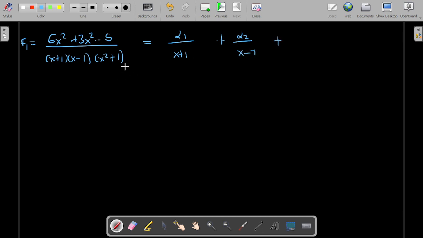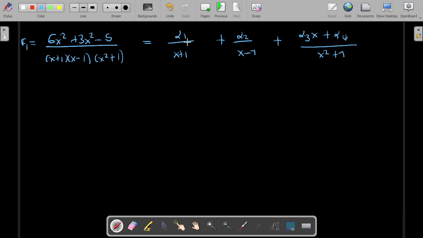Now here we have to be very careful because we have a quadratic expression, x squared plus 1, and the degree of the numerator has to be strictly less than the degree of the denominator. So we're going to find an alpha 3 x plus an alpha 4, and then this is going to be divided by x squared plus 1. So this is how the decomposition is going to look.